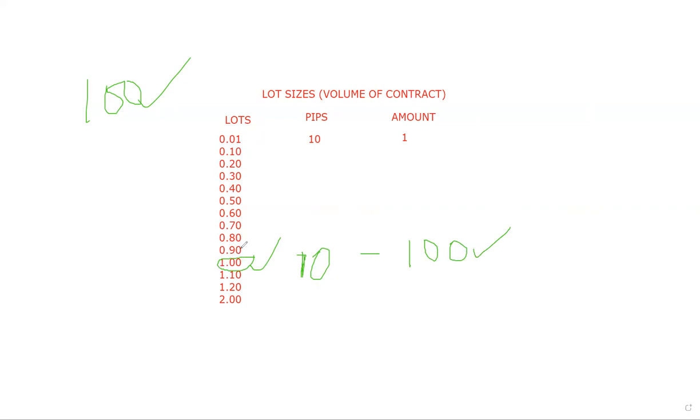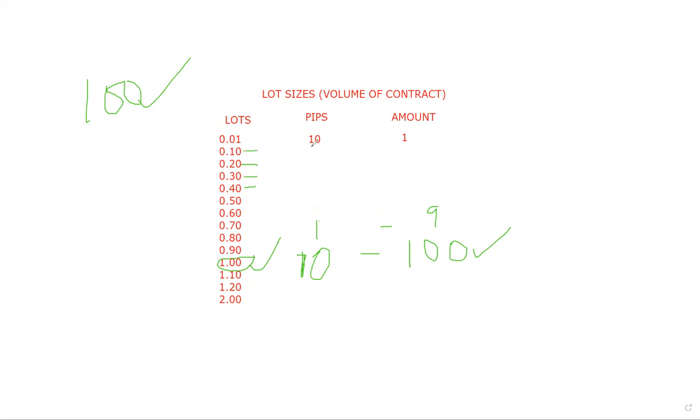The same way, if you use 0.90, one pip is going to be what? $9. If you use 0.80, 1 pip is going to be $8. 0.70, 1 pip is going to be what? $7. 0.60, $6. 0.50, $5. 0.40 here, 1 pip is going to be $4. 0.30 here, $3. 0.20, $2.